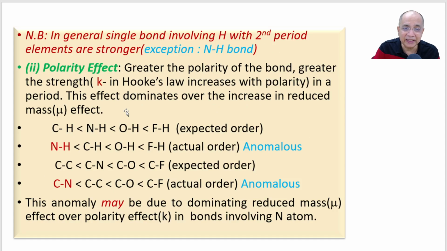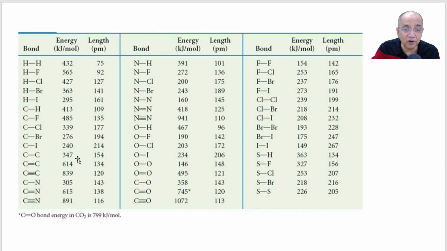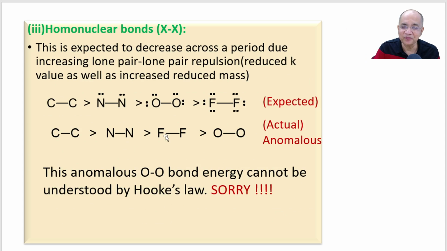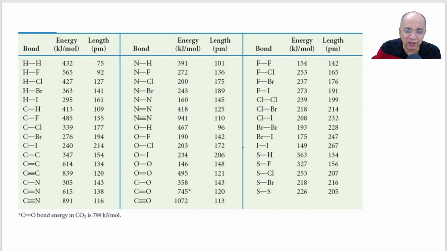You can find carbon-carbon is 347, nitrogen is 160, but there is an interesting anomaly here. We expect, both reduced mass wise and lone pair repulsion wise, that FF should have the minimum bond energy, but unfortunately, the oxygen-oxygen bond has the minimum bond energy.